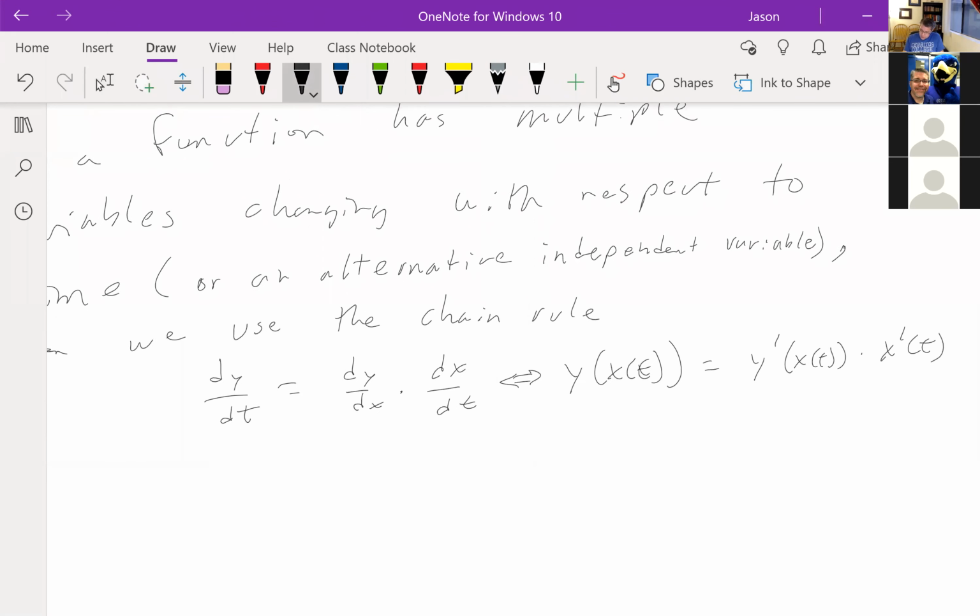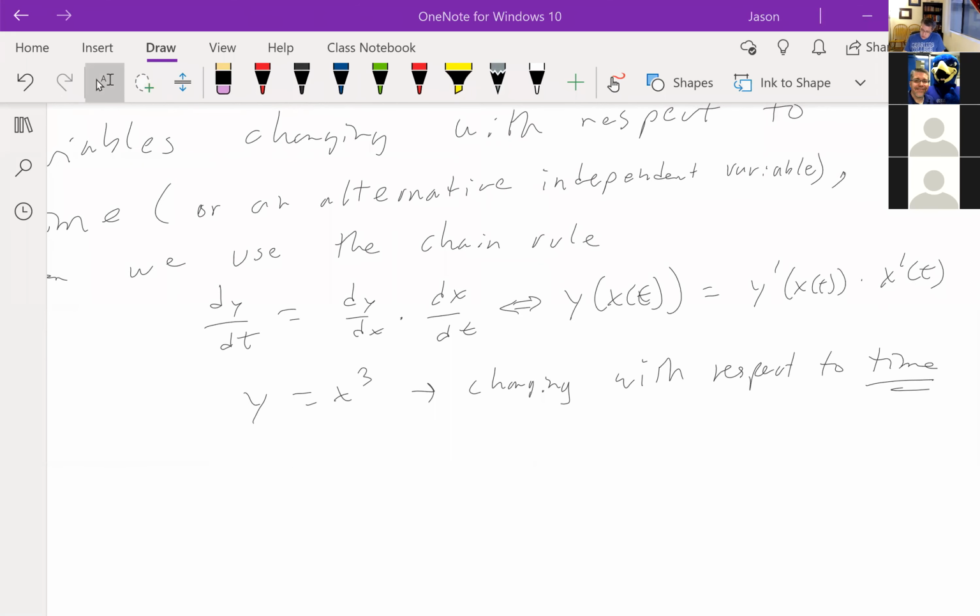For example, if we had, say, y equals x cubed, and this was changing with respect to time. Say that this was a particle on this trajectory, and we want to know at a specific point in time, whether it's t equals 1, t equals 2, t equals 3, where is that particle located on this curve?